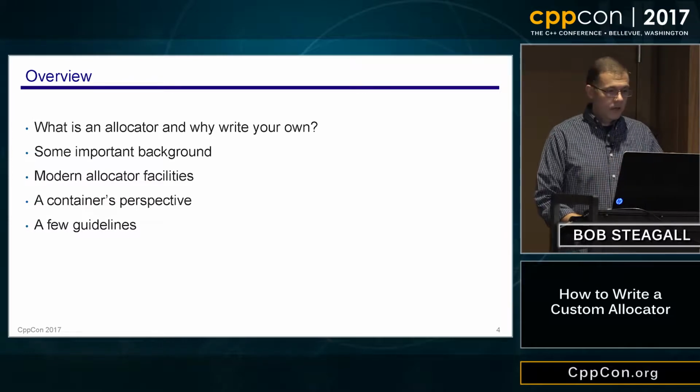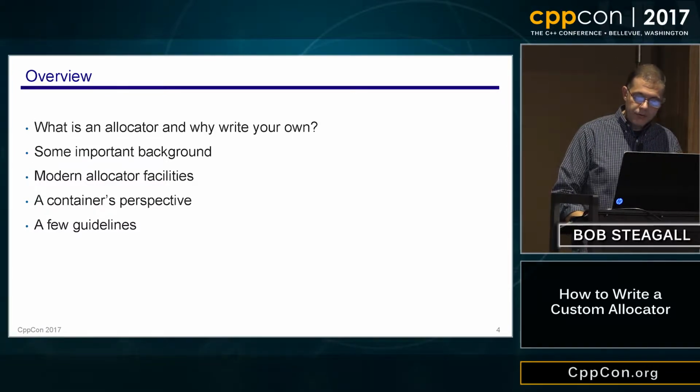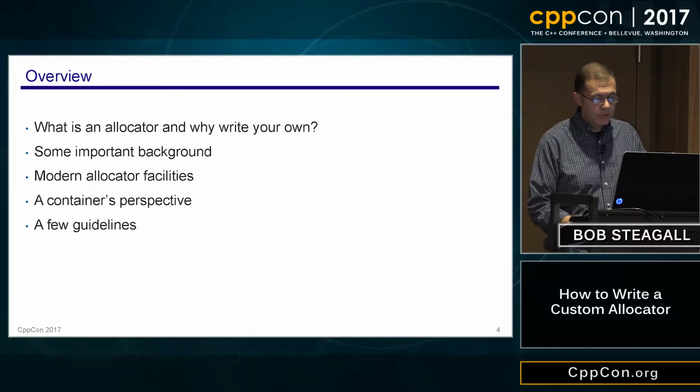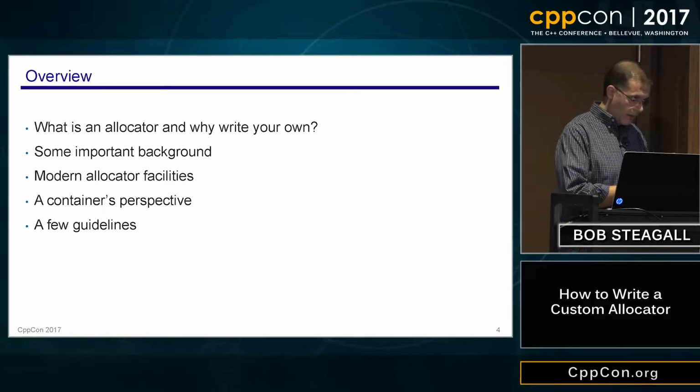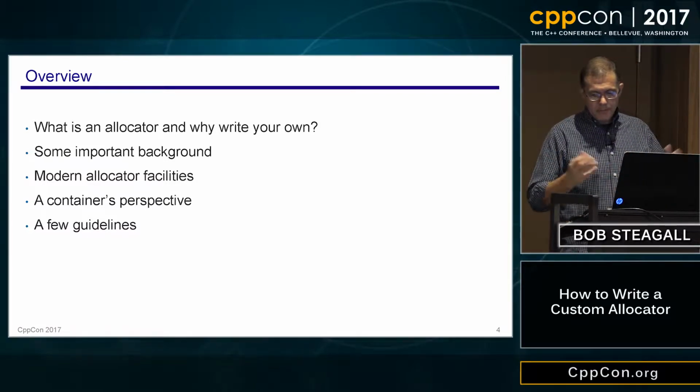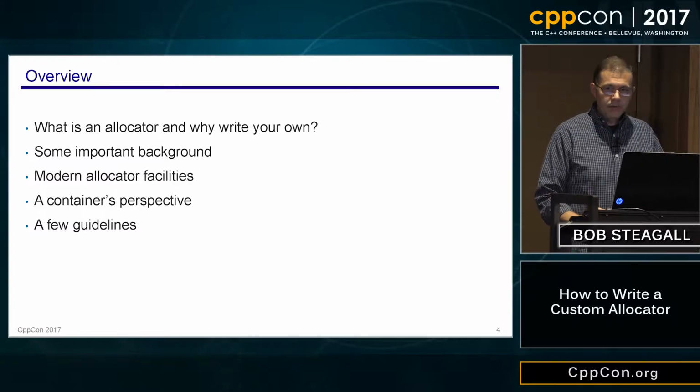So what is an allocator, and why would you want to write your own? I think I'll try to address that a little bit. I'd like to provide a little bit of background, go under the surface a little bit to understand the original allocator facilities. I'm going to spend a fair bit of time trying to describe the modern allocator facilities at a fairly shallow level.